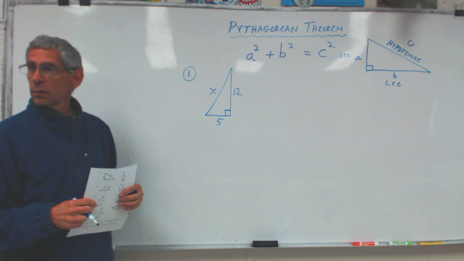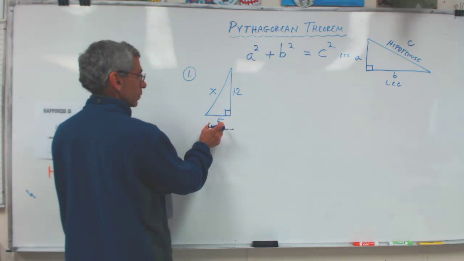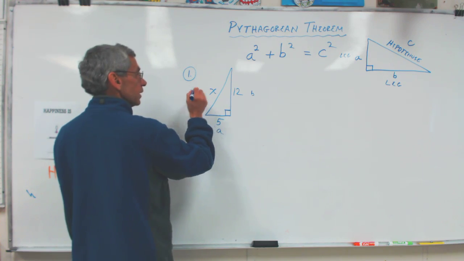You put 5 or 12 down as A, so I'm going to make this an A, and this is a B, and this is C. Does that make sense?